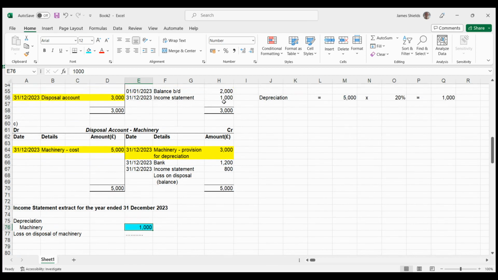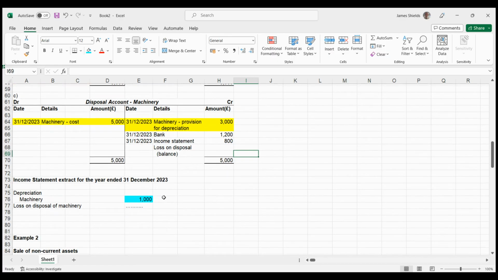And then our loss on disposal comes from our disposal account, and that's the £800 there. So that's when you're doing the straight line method for disposal.